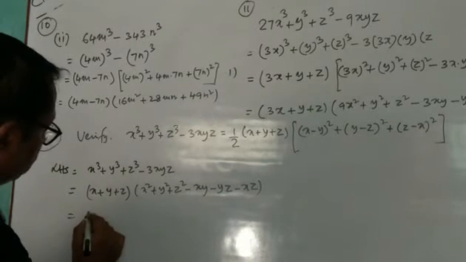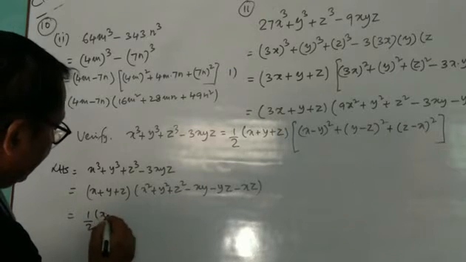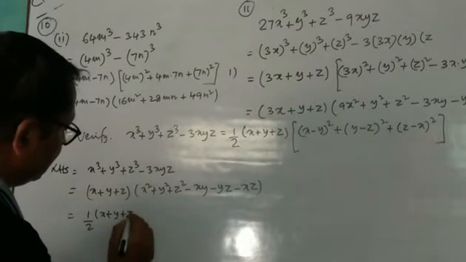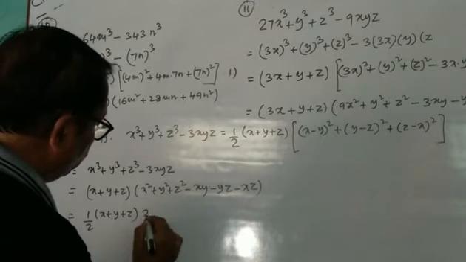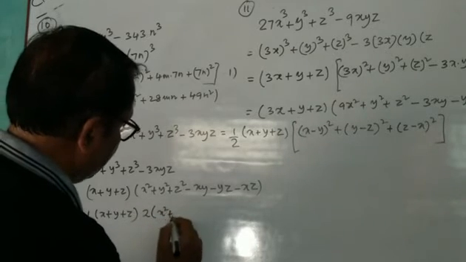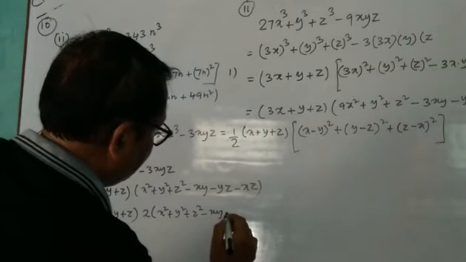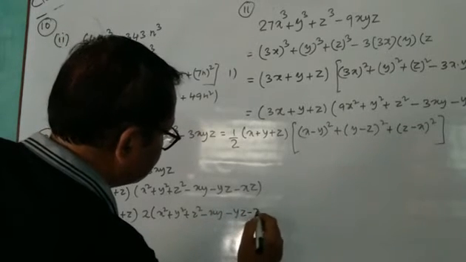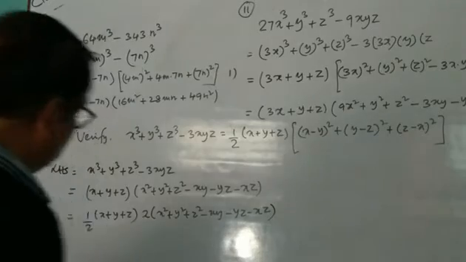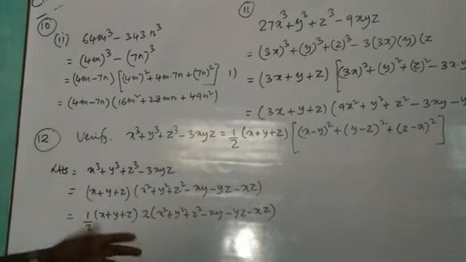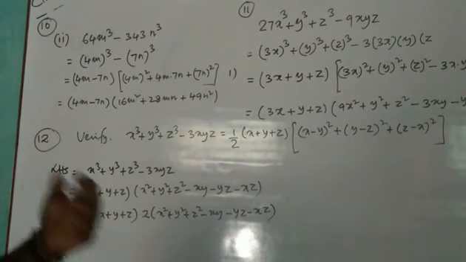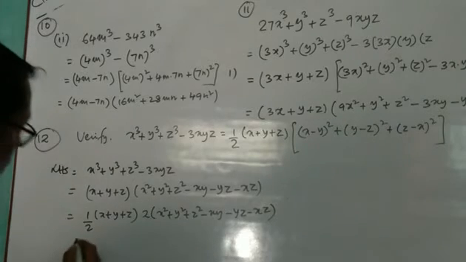So we can write it as 1 by 2 (x plus y plus z) into 2 times (x square plus y square plus z square minus xy minus yz minus xz). What we have done? We have divided and multiplied the expression by 2.